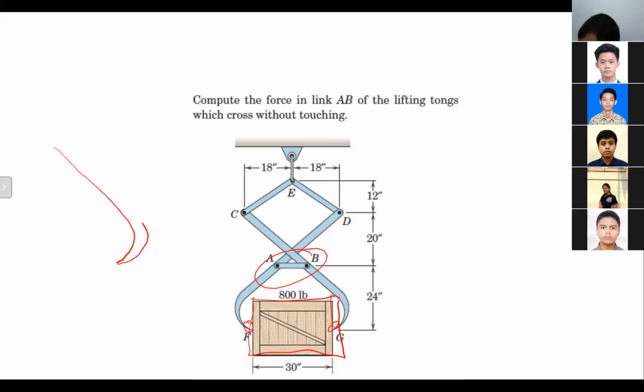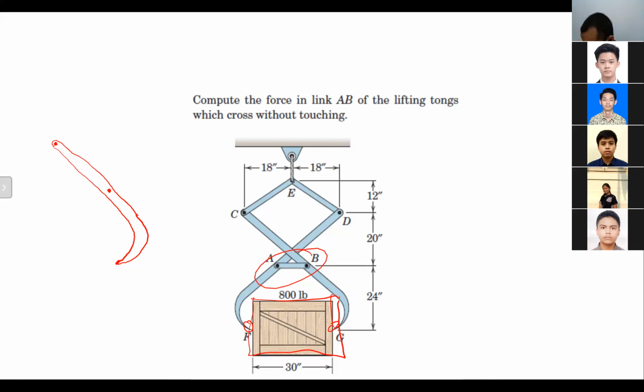Okay, so this is it, CBG. Let me put the points here. This is point B. This is point C, and it's G here. At C, what is happening at C?